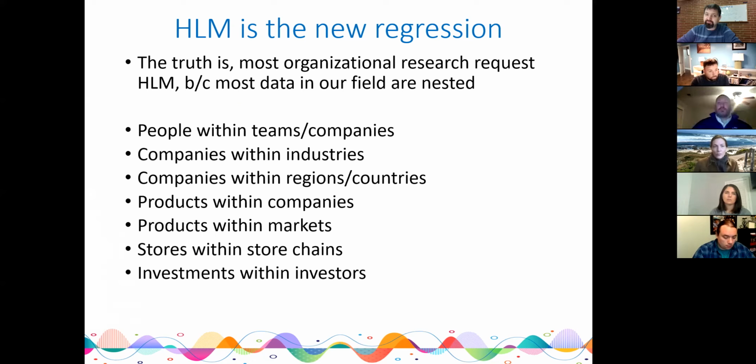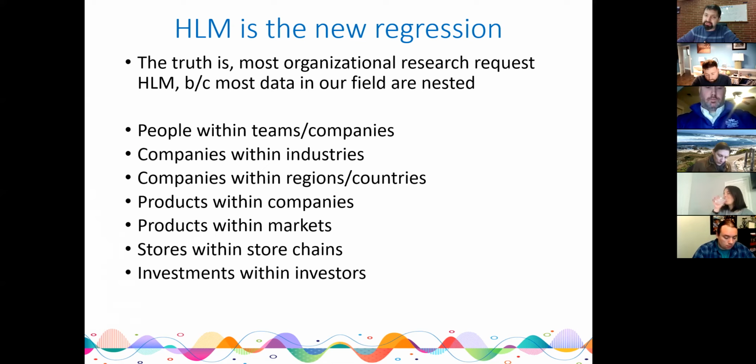So you probably have people within teams, or people within companies, or companies within industries, or companies within regions, or companies within countries, or products within companies, or stores within store chains, or investments within investors, or specific actions within investors. And so what you find in many cases is that you have that nested data.